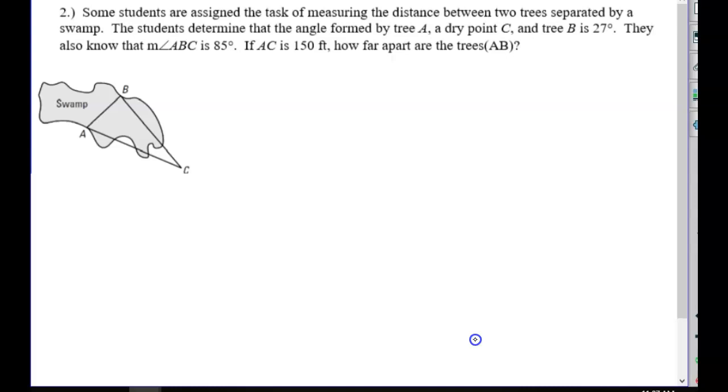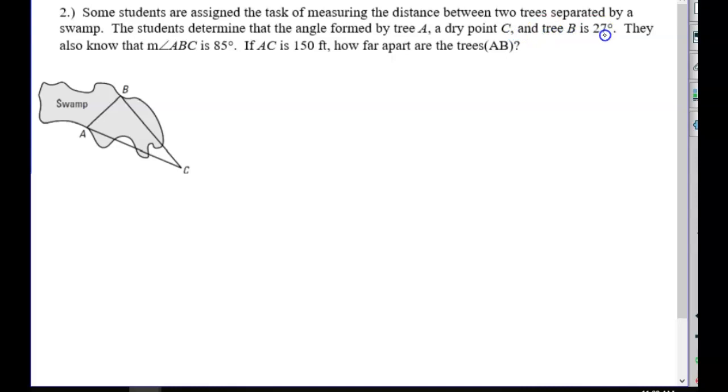Number 2, well, there is a diagram, you have to label it. On your quiz, there is at least one where you have to draw the diagram. Some students are assigned the task of measuring the distance between two trees separated by a swamp. So I'm thinking that's going to be AB, but I think they give us some more information. The students determine that the angle formed by tree A at dry point C and tree B is 27.